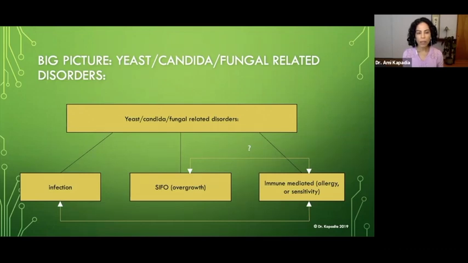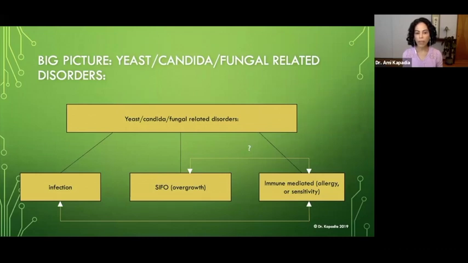So this would be the typical well-recognized yeast-related or fungal-related infections, let's say like a toenail fungal infection or a vaginal yeast infection that are well-recognized by mainstream medicine, usually well-treated with pharmaceutical options. And then in the middle here, we're talking about SIFO, which is small intestinal fungal overgrowth. So that's not really an infection at this point. It's more of an overgrowth of the organism. And we're going to be talking about that a lot today.